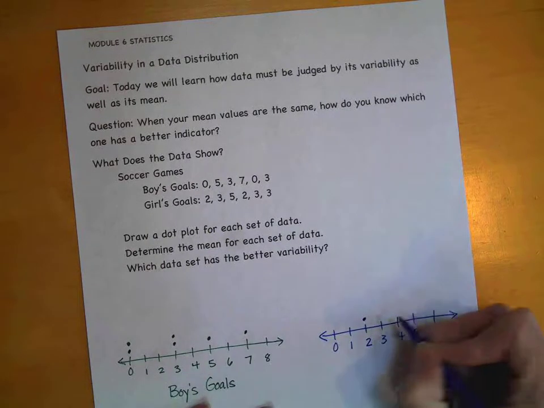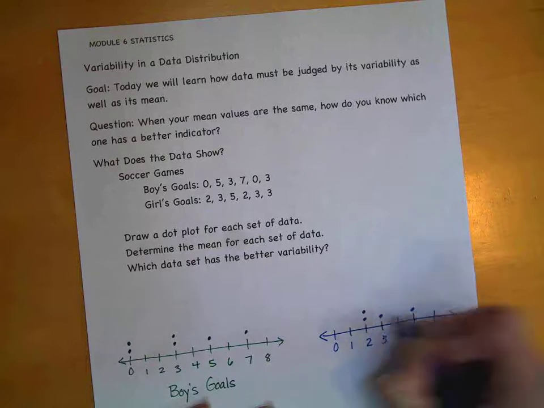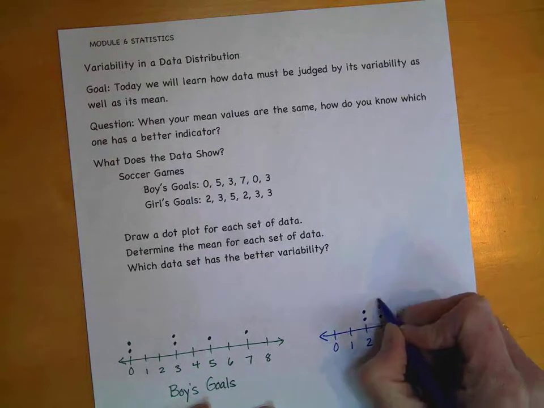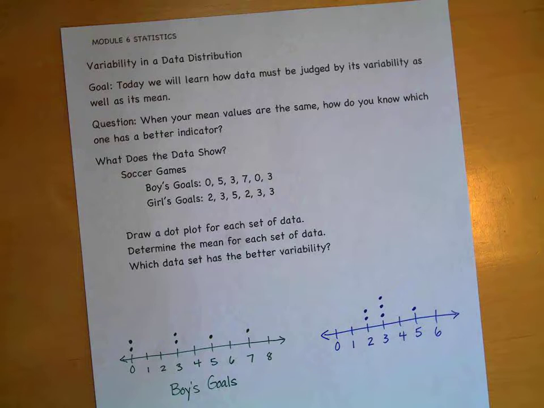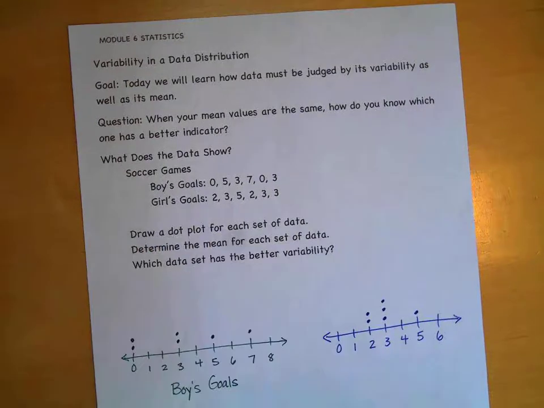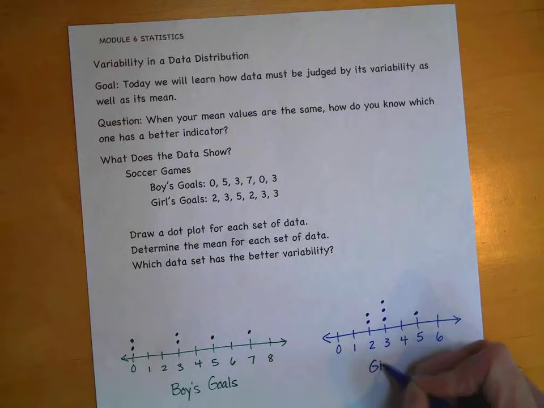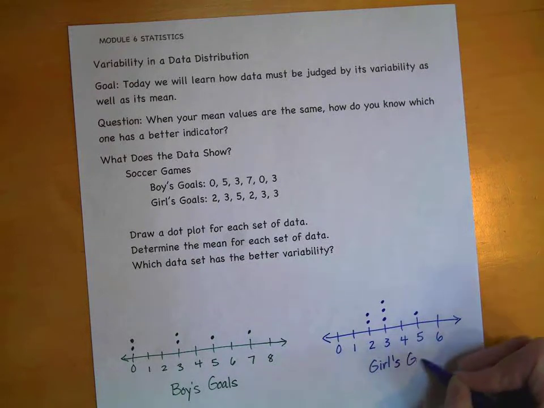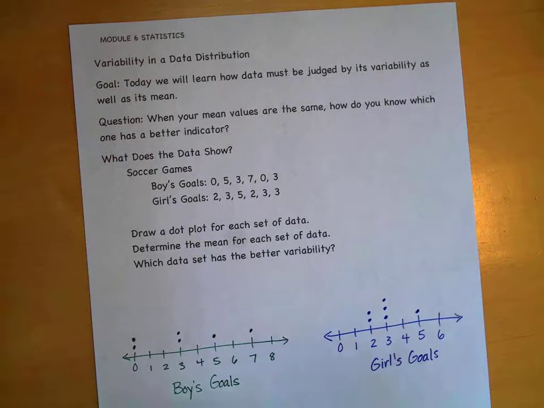So I have a 2, a 3, a 5, another 2, another 3, and another 3. Okay, so according to this, it says draw a dot plot for each set of data. Oh, I forgot to label it. Don't forget to label it. That's so important. Girls' goals, label it so we know what we're looking at.